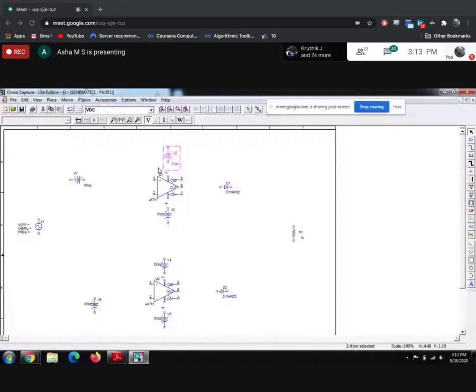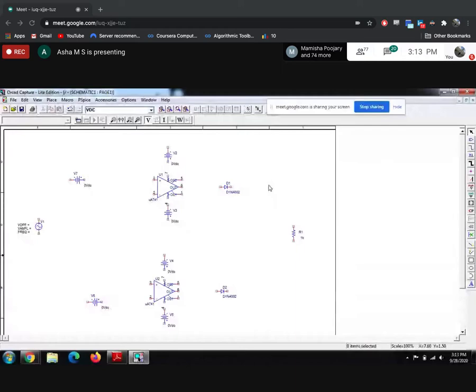Again, pin number 4 of the first op amp is connected to negative, so we need to rotate this also. Then here it is connected to positive, rotate it. Again the bottom is connected to negative, rotate this. Here it is connected to positive, rotate.